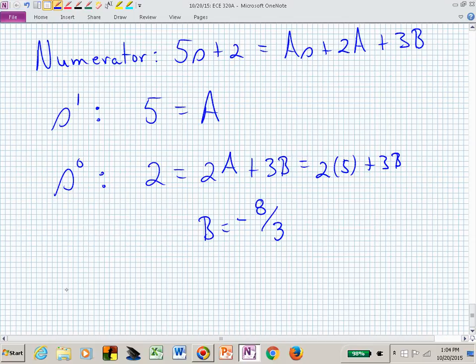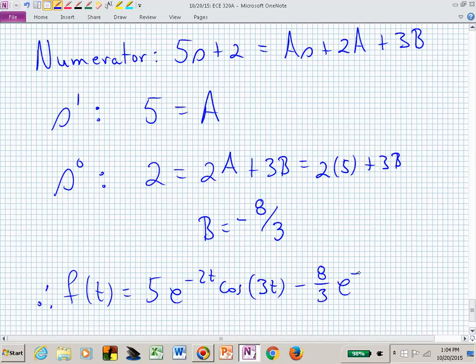And we can now write down f of t. F of t is now 5 e to the minus 2t cosine 3t minus 8/3 e to the minus 2t sine of 3t.